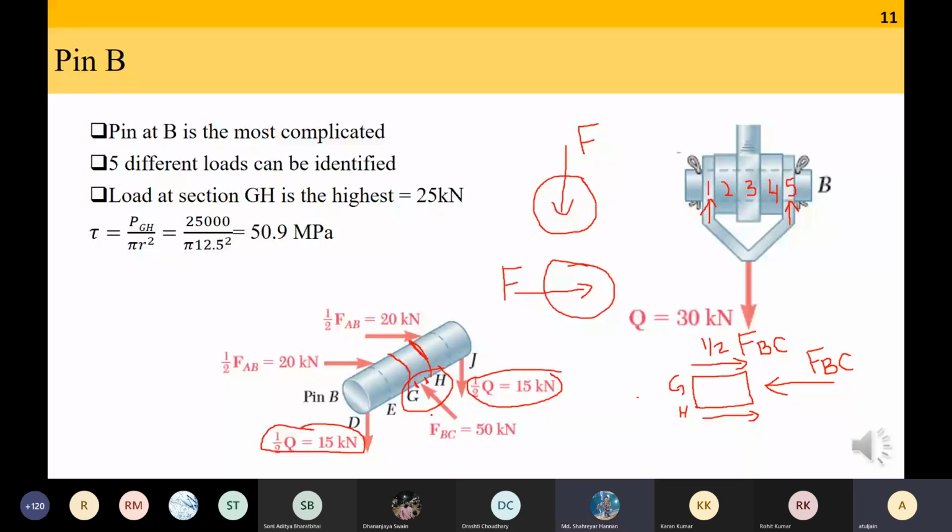The answer is no. So we have to take only one shear force for calculation of shear stress. Yes, you have to identify which is the highest and take that one. No, sir, here you have taken 25 kilonewton. So it is on that surface. So either you do 50 divided by 2 into pi r square, or you do 25 divided by pi r square. Okay, sir.